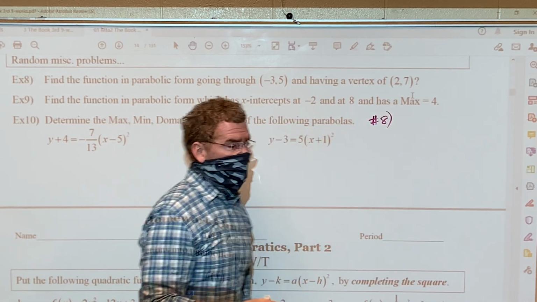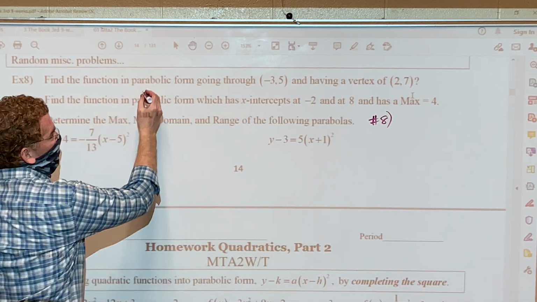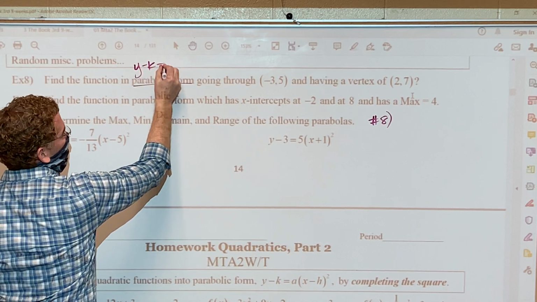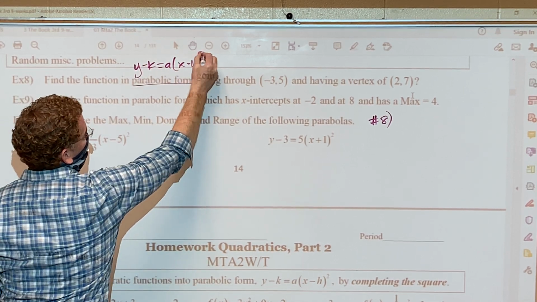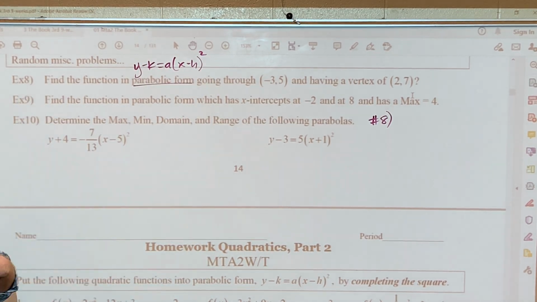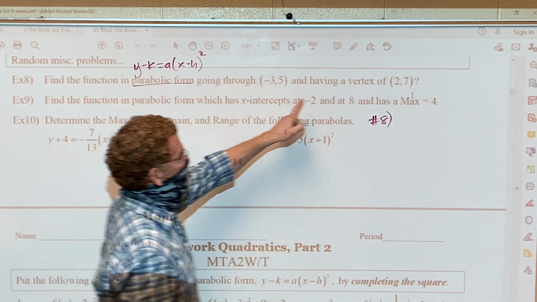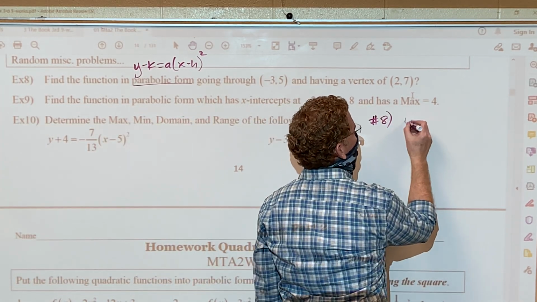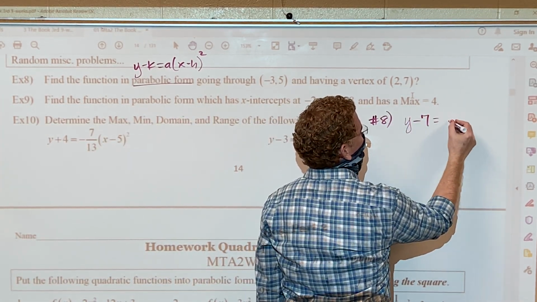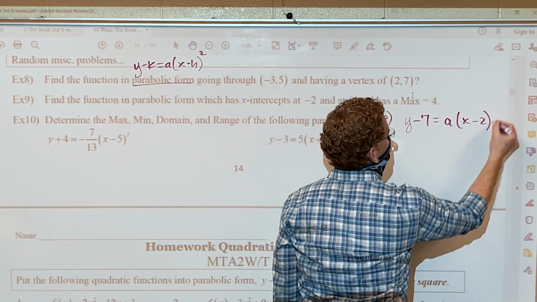It says the function in parabolic form. So parabolic form is this form. Is there anything right now that you know about this? The vertex. Why don't I fill that in then? So I know the vertex is 2, 7. So I have y minus 7 equals a times x minus 2 squared.